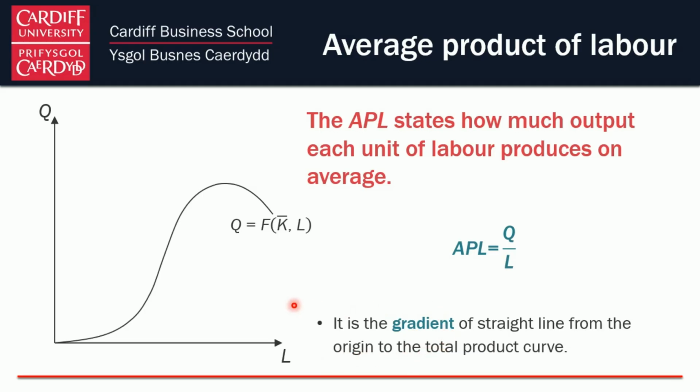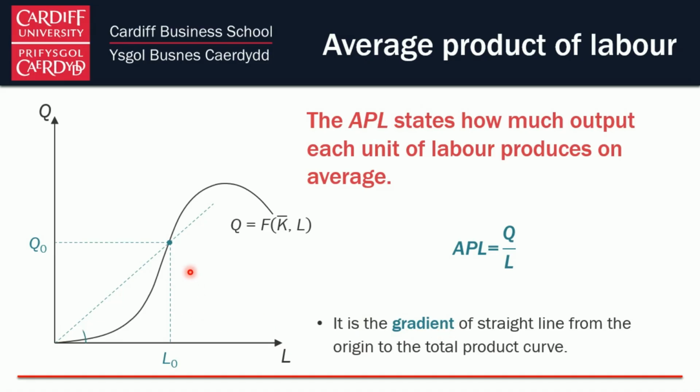So you pick a point on the total product curve, let's say that one. So L0 units of labor producing Q0 units of output. And then you connect that to the origin. So you look at this straight line connecting the origin to here. What is the gradient of that line?